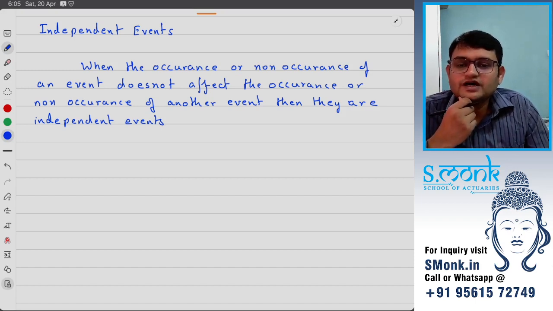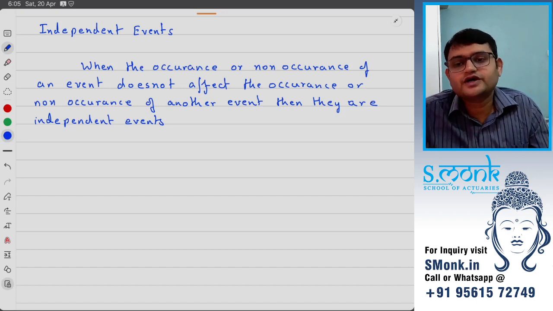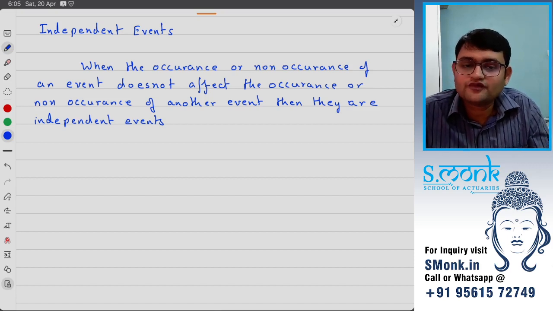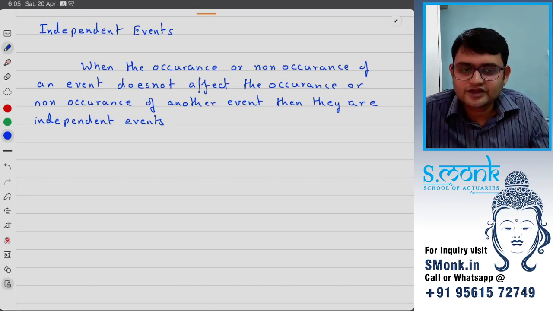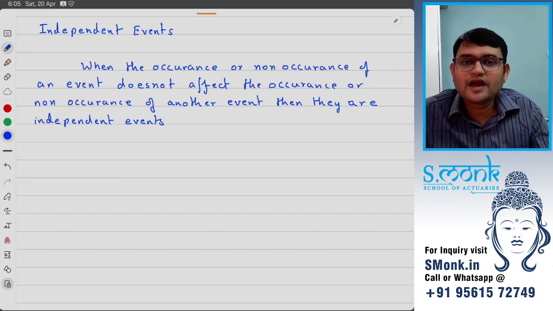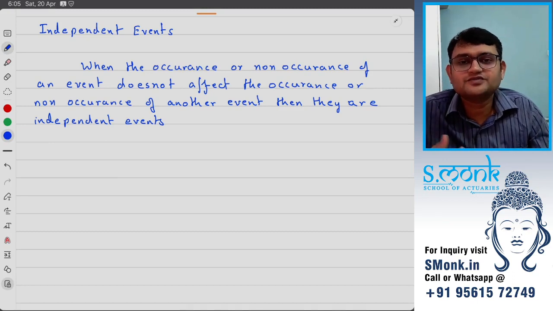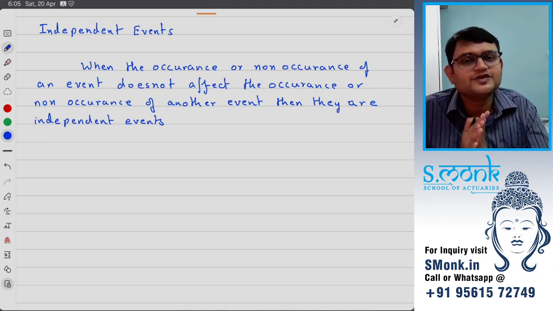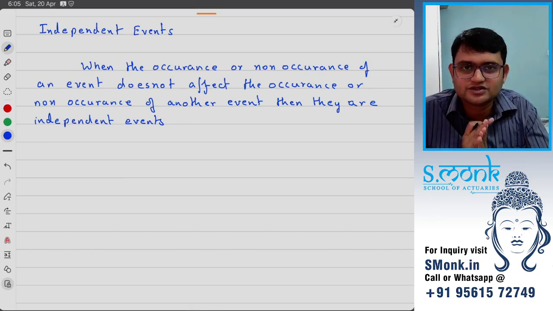So we say when the occurrence or non-occurrence of an event does not affect the occurrence or non-occurrence of another event, then they are independent events. Okay. Something happening or not happening is not affecting something happening or not happening, then those two events must be independent of each other.